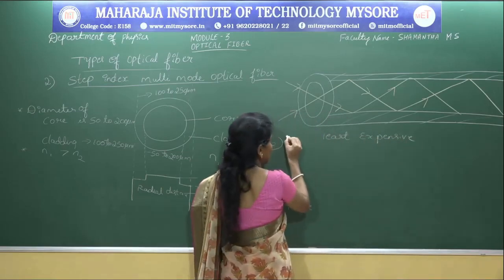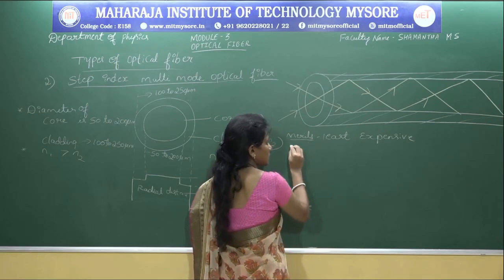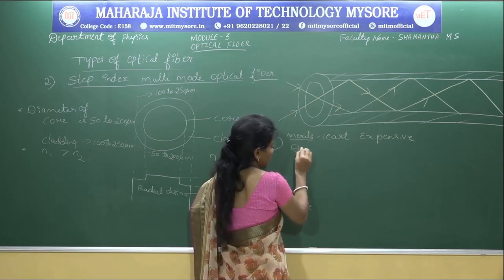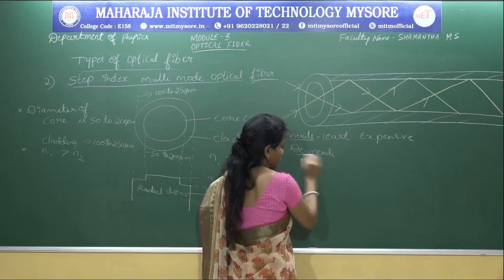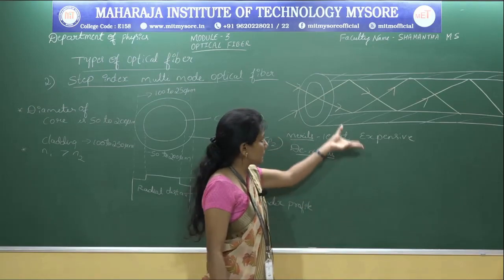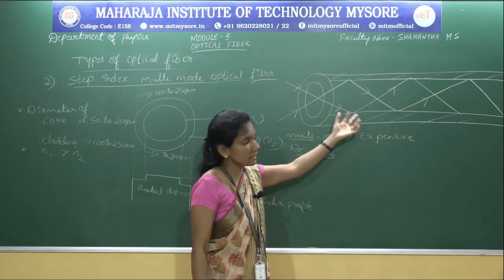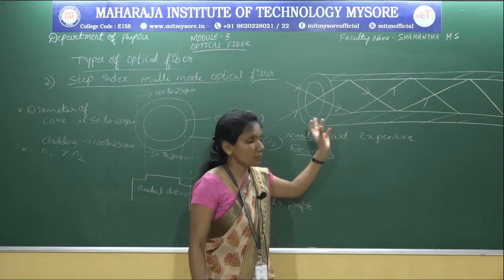So those are the merits: least expensive. And what about demerits? Due to the multiple modes of the light signal, dispersion will take place inside the optical fiber.